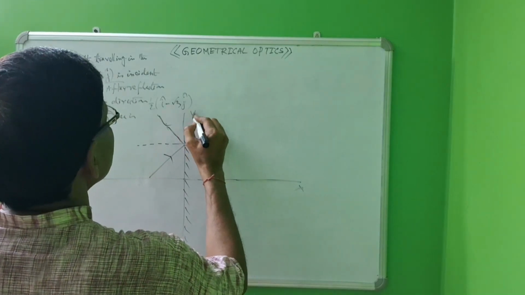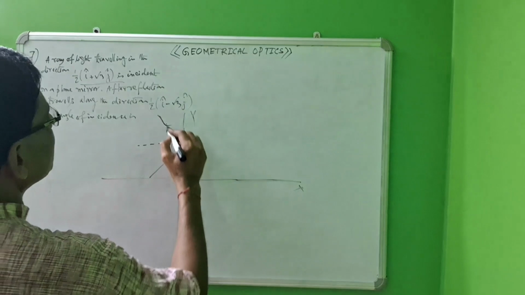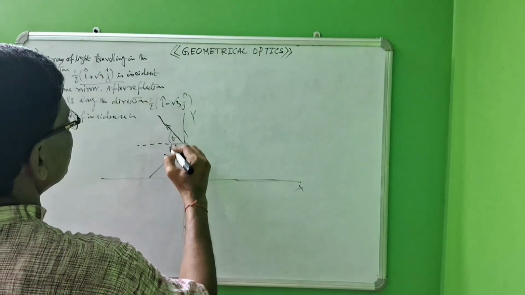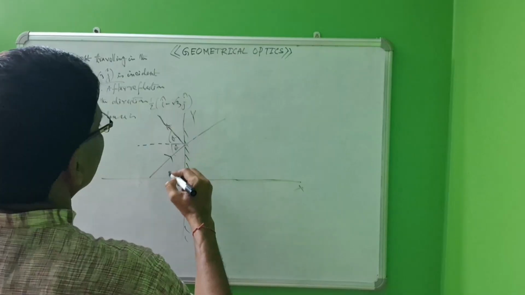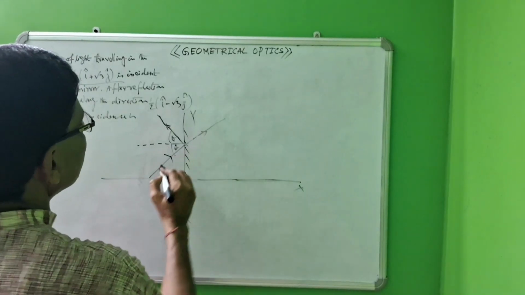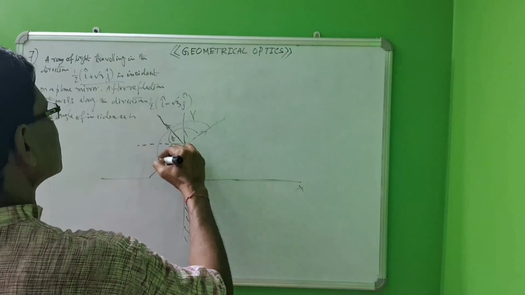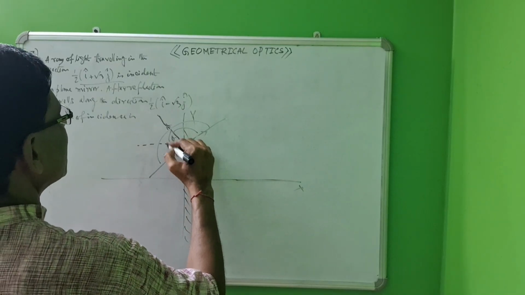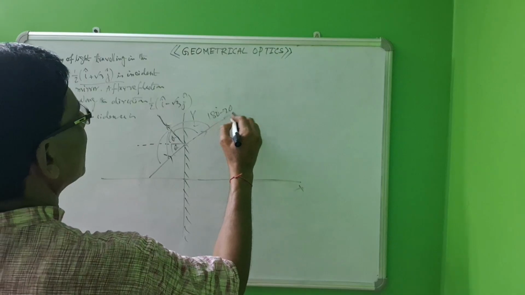So if this angle is theta, this angle also is theta, and when this vector is taken into this direction, we get this angle. The total angle is 180, so this is twice theta, so this will be 180 minus twice theta.